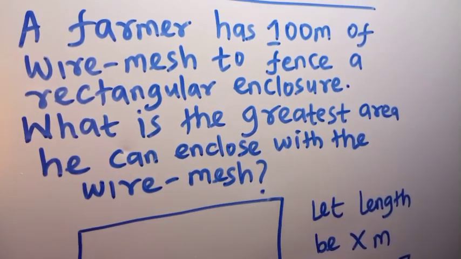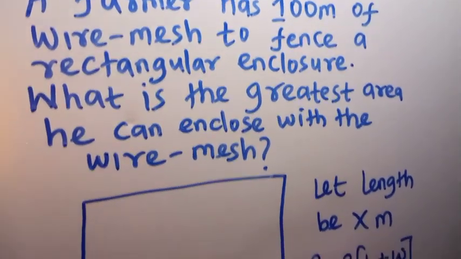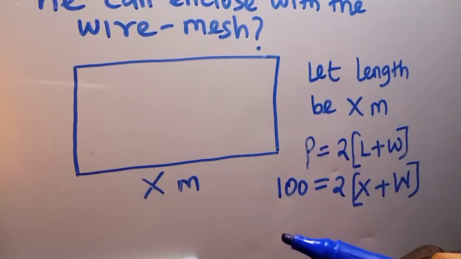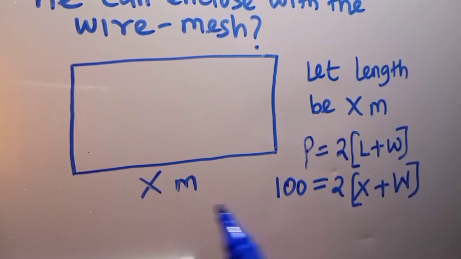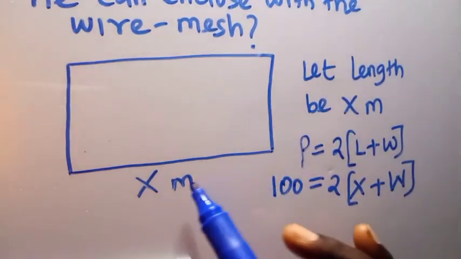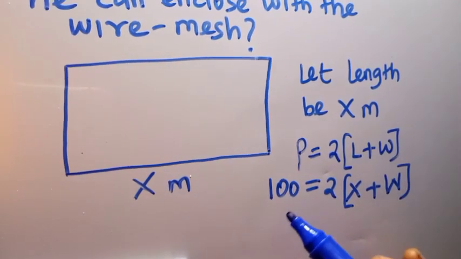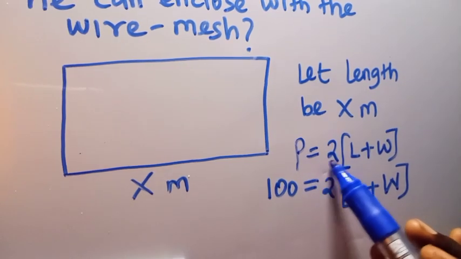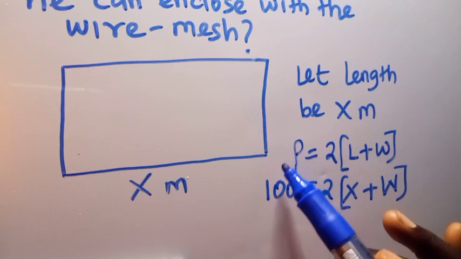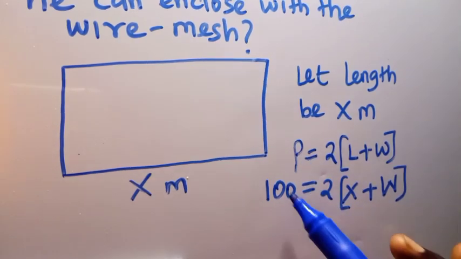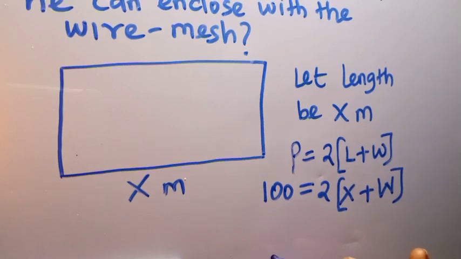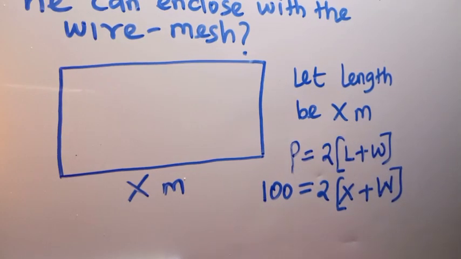As we can see, we have this rectangular enclosure that has the length as x meters. And we have said that the perimeter of a rectangle is 2 times (length plus width). The perimeter is the total length of the enclosure, and the total length of the enclosure is the length of the wire mesh that the farmer has.